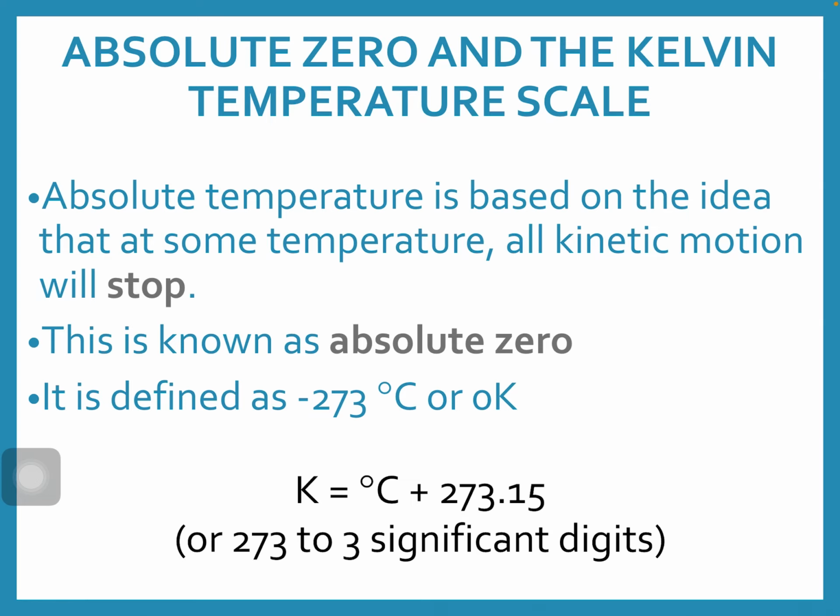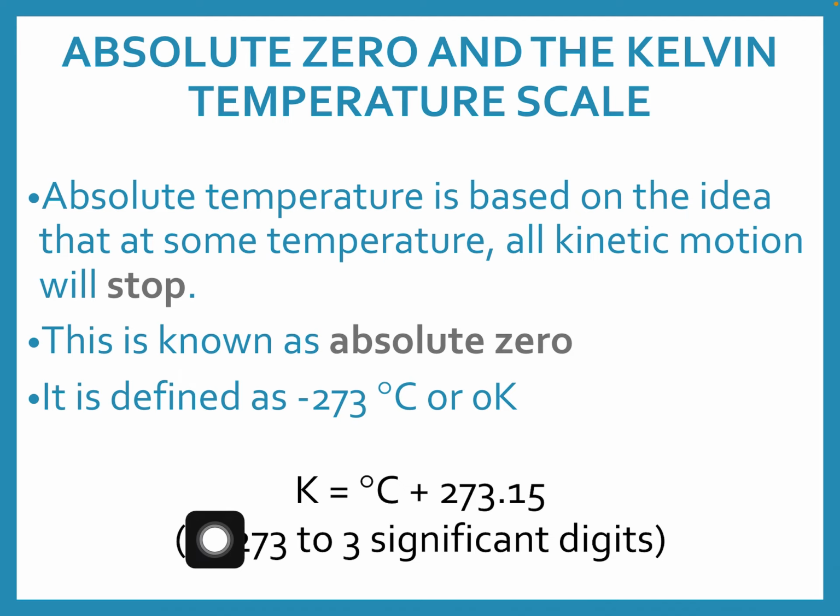Each unit, each Kelvin, increase or decrease is the same as 1 degree Celsius. So from 0 Kelvin to 1 Kelvin is negative 273 degrees Celsius to negative 272 degrees Celsius. The increments are equal. The actual amount is 273.15.